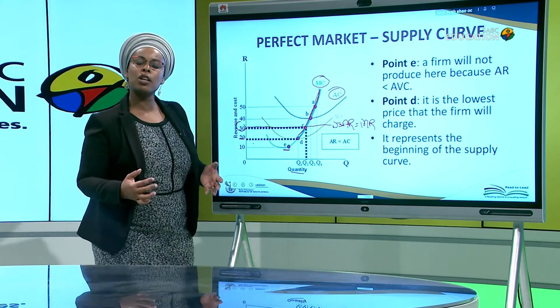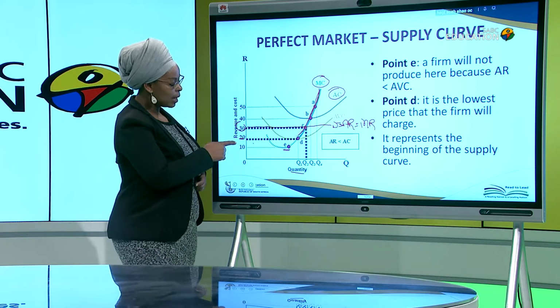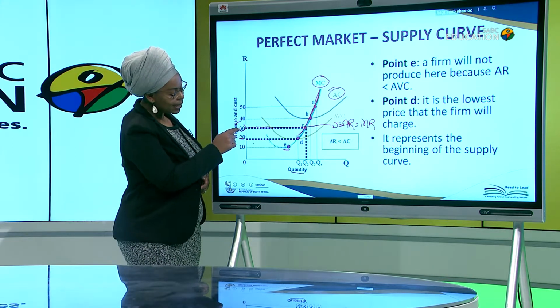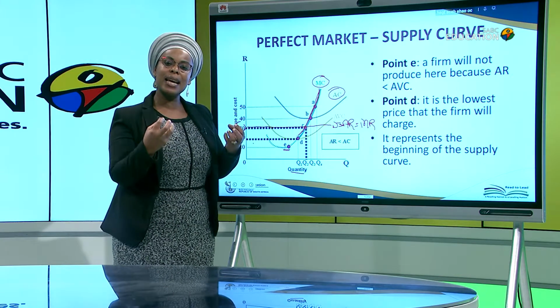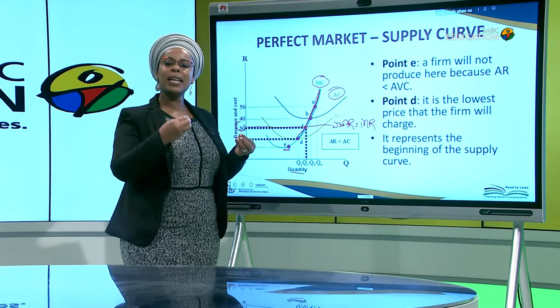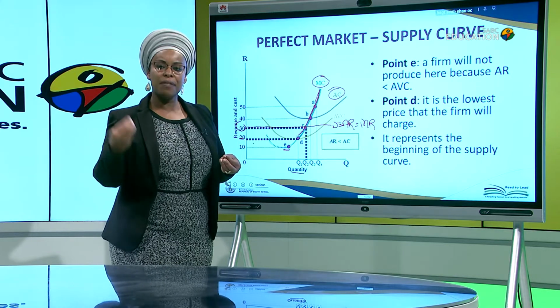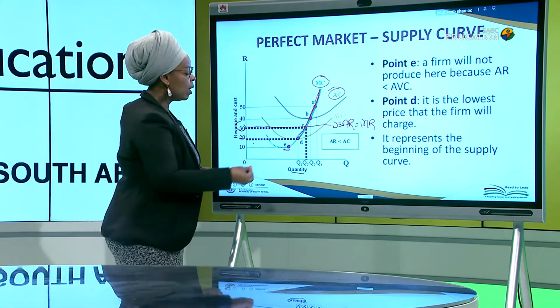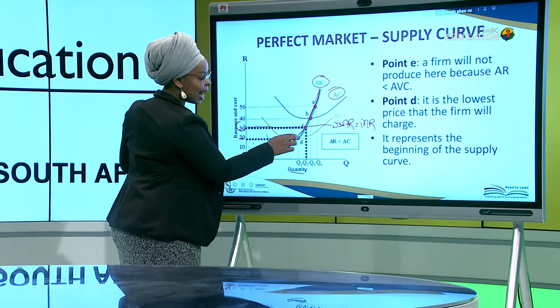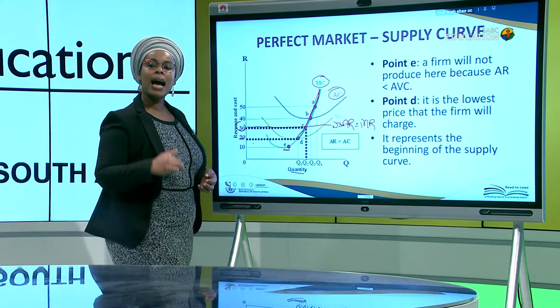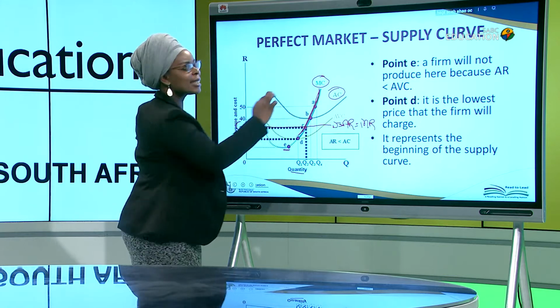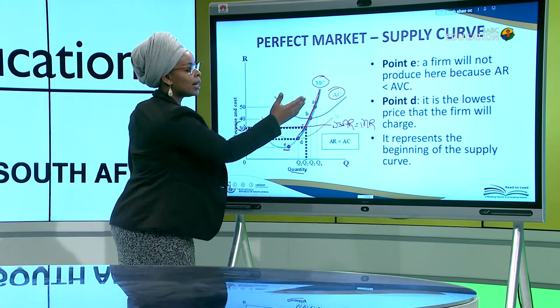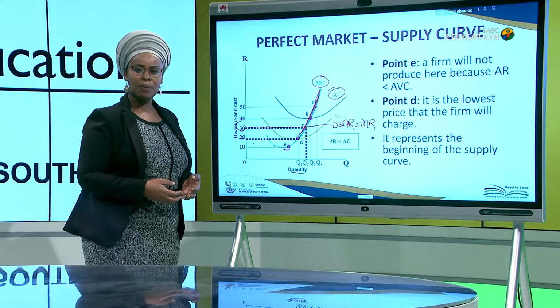It is simply because some businesses will still operate even if the price is below 30. They will operate, but the income that they will receive will only meet their average variable cost. So as from where the businesses are able to pay their average variable cost, they will start supplying. Hence, the solid line is our supply curve.